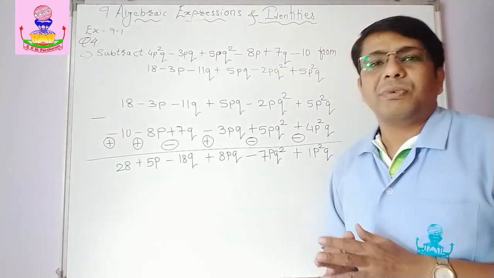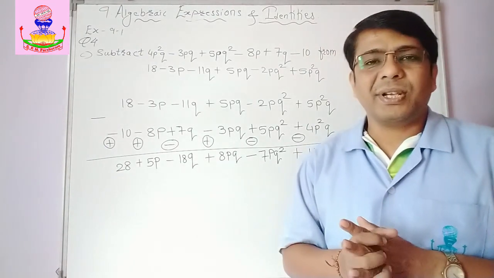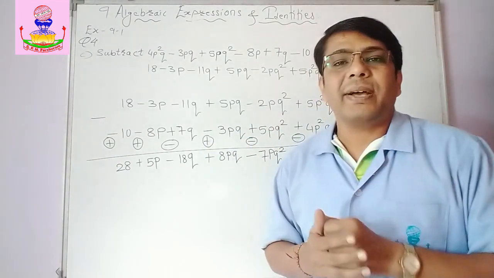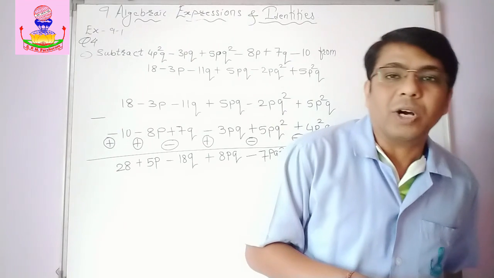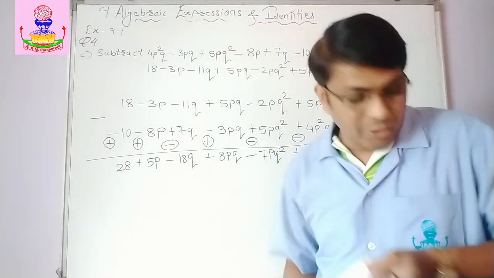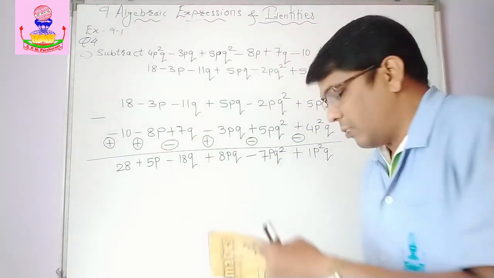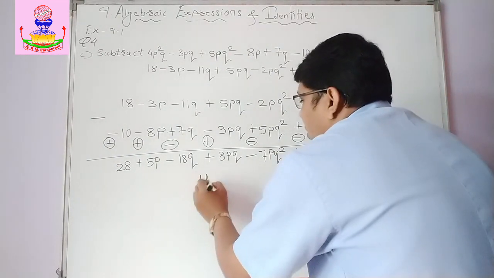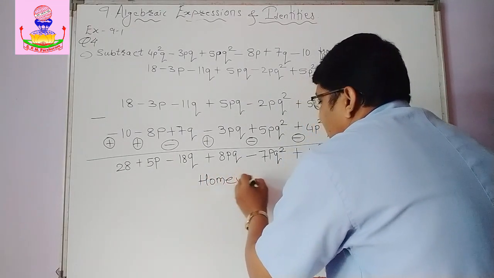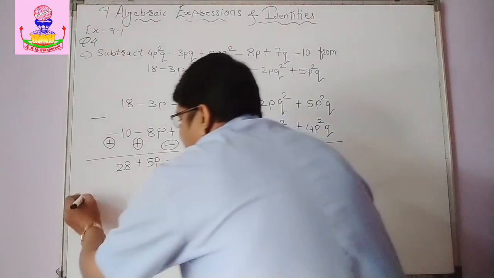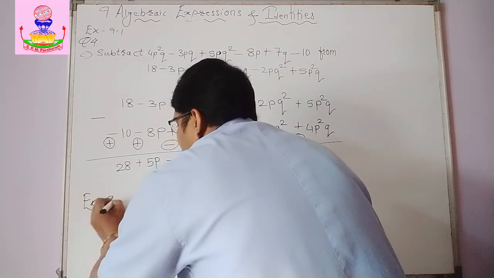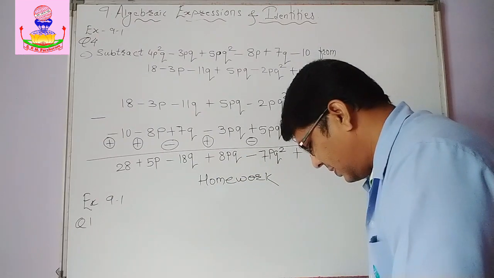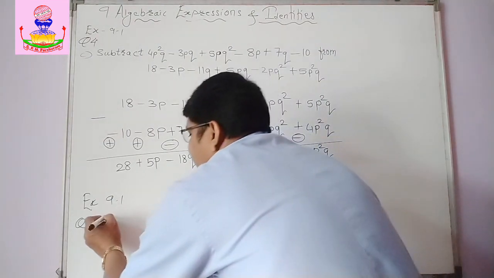So dear students, today we will stop here. Okay. And the remaining examples of this question 4 also, you will solve as homework. So today's homework, I am writing here below. Okay. So exercise 9.1, question 1, second, fourth and sixth.